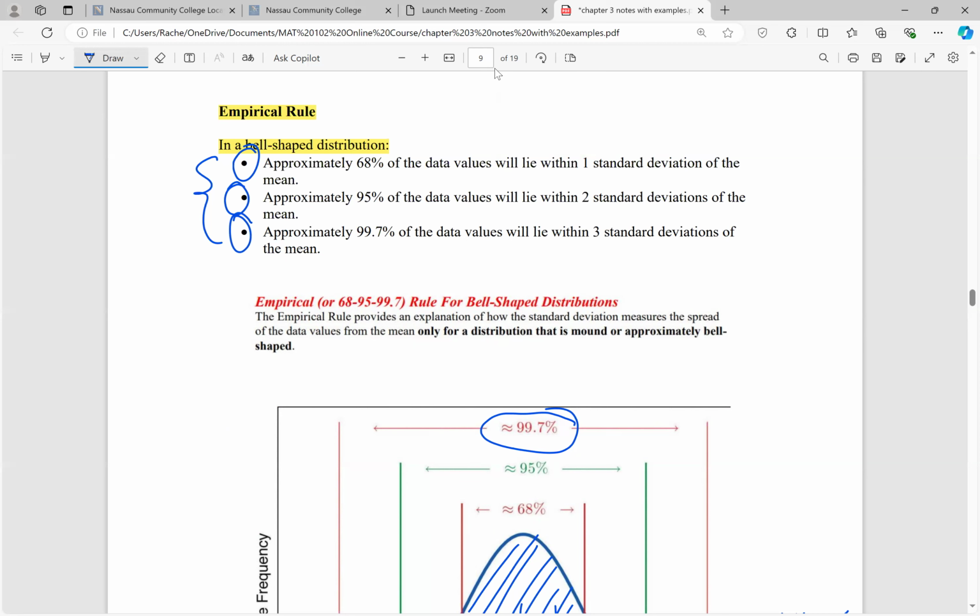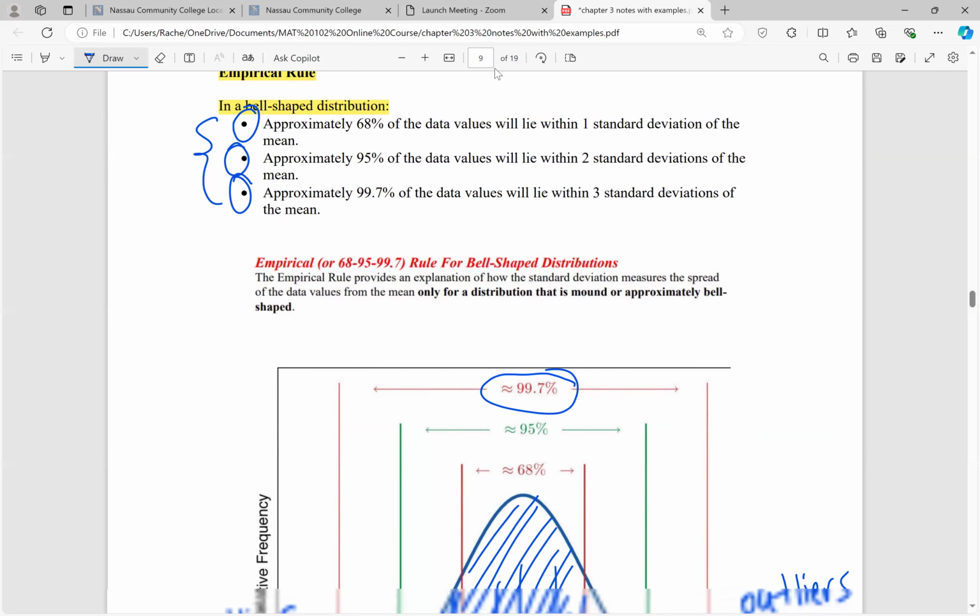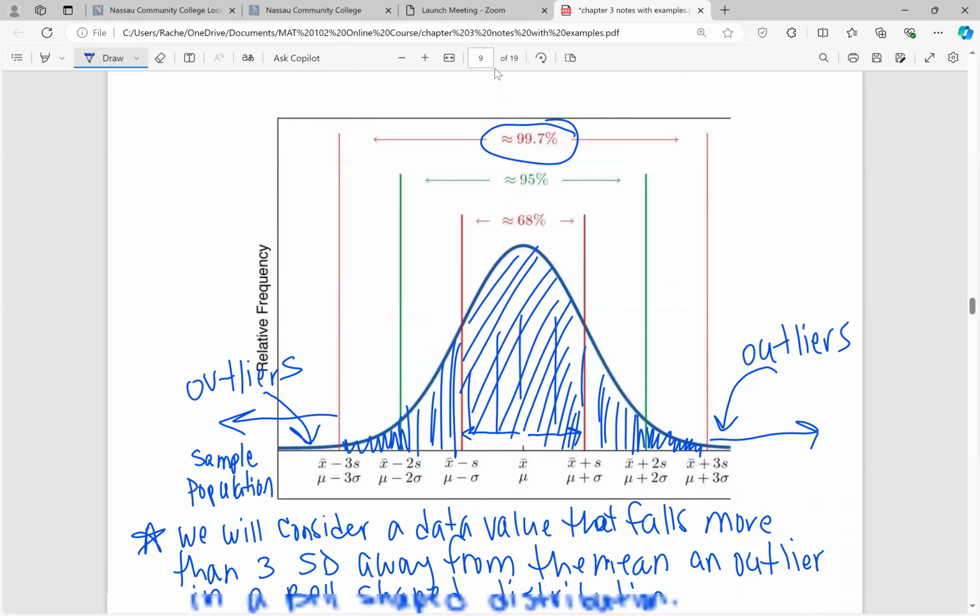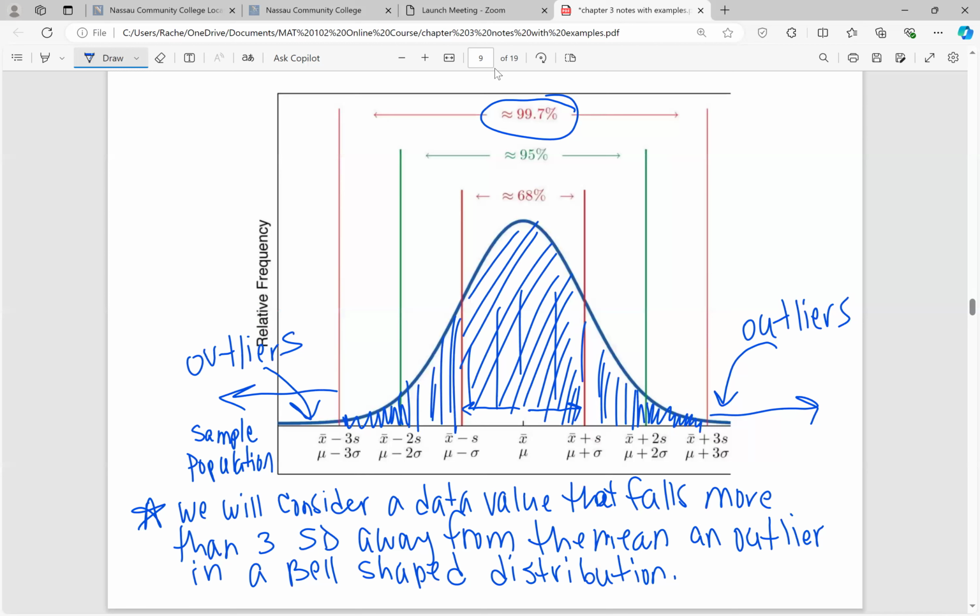So why don't we do an example now so we could see how we apply this empirical rule. And actually, before we do that, let me just add some notes to this picture that I think are going to be helpful to you.